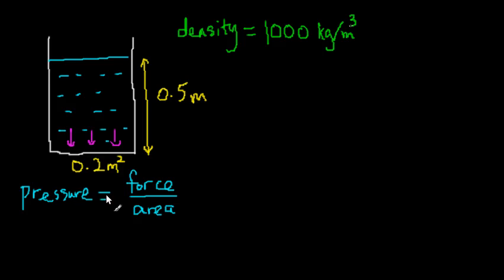Okay, let's see. I am going to give these quantities some symbols just to make things easier to write. So I'm going to let the density be given by this symbol rho.